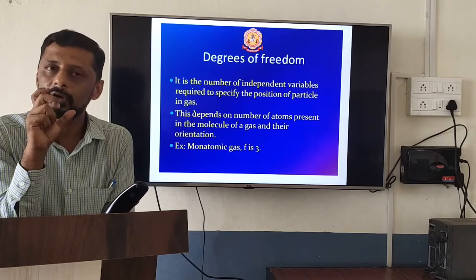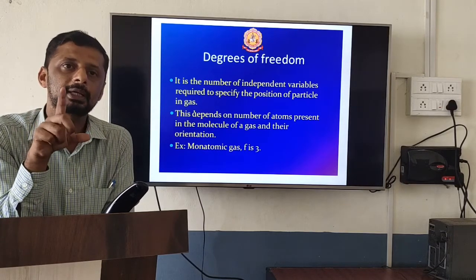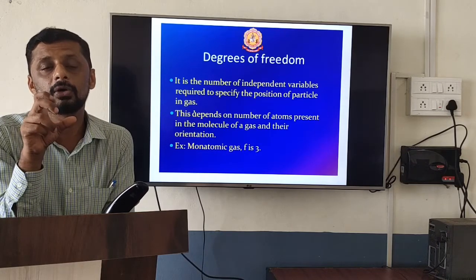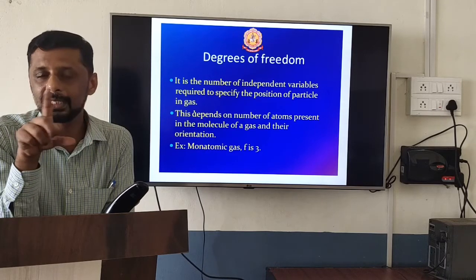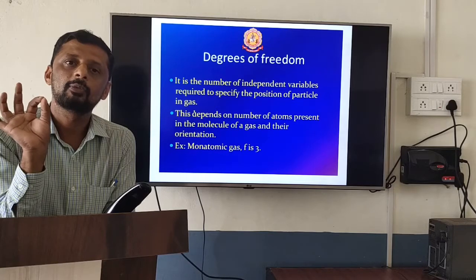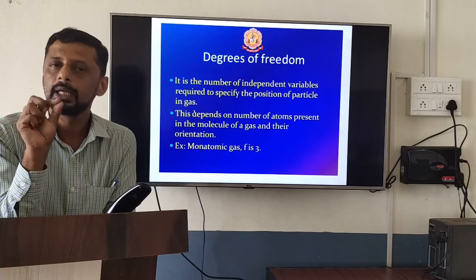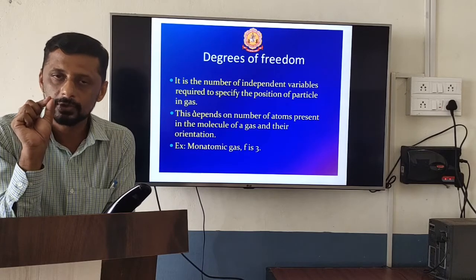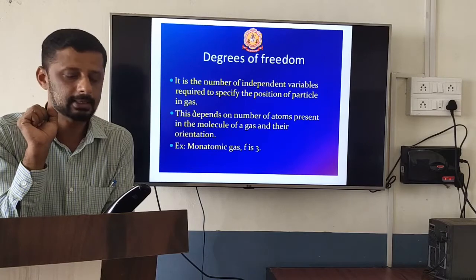So for diatomic gas, degrees of freedom required is equal to 5. For triatomic gas, degrees of freedom is equal to 6 or 7. That depends upon whether the molecules are linearly or non-linearly arranged. So degrees of freedom will be different for different gases. Why do we have to consider degrees of freedom? In order to specify the position as well as what? Motion of a gas molecule in space.